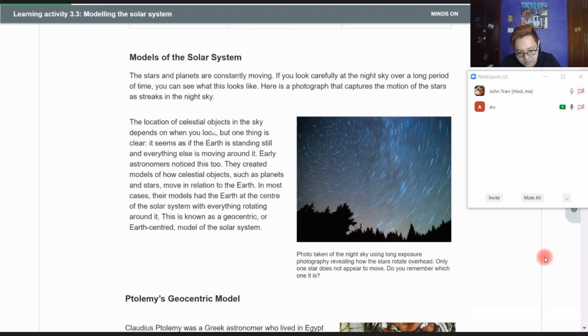The location of a celestial object in the sky depends on when you look. But one thing is clear: it seems as if Earth is standing still and everything else is moving around it.